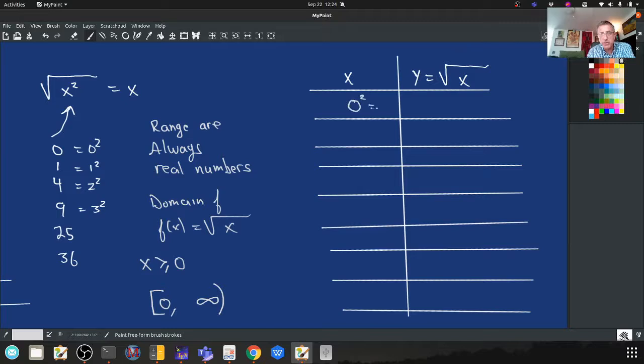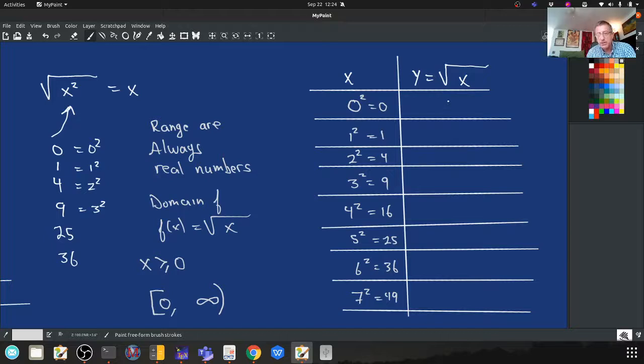0 squared, which is equal to 0. 1 squared, which is equal to 1. 2 squared, which is equal to 4. 3 squared, which is equal to 9. 4 squared, 16. 5 squared, 25. 6 squared, 36. 7 squared, 49, etc. So these are my input values: 0, 1, 4, 9, 16, 25, 36.